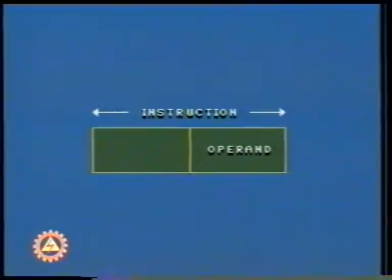You have learned that instruction consists of two parts: opcode and operand. The opcode indicates the type of instruction to be executed, that is, add, subtract, etc. And operand provides the data needed to execute the instruction.